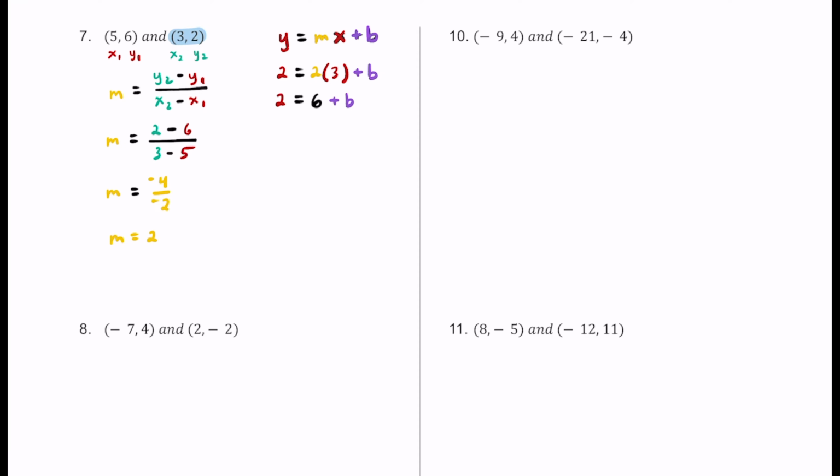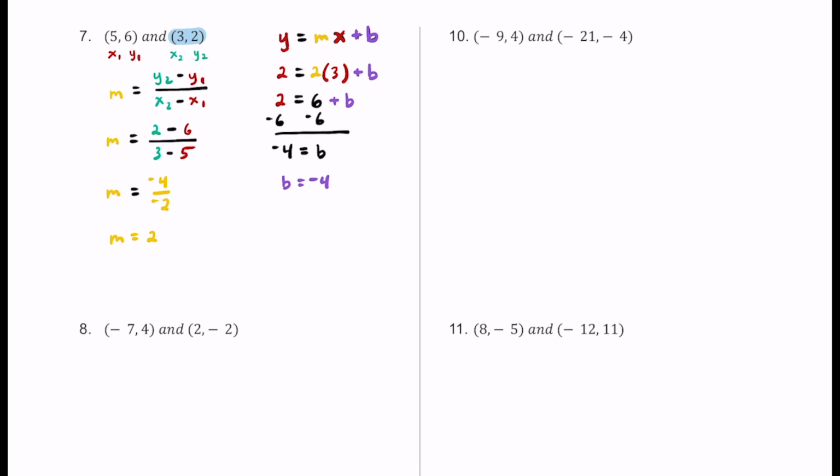To find out what b is, we have to get rid of the 6 on both sides, so subtract it. 2 minus 6 is going to be negative 4, and 6 minus 6 is 0, so we have negative 4 is equal to b. All right, so we can say that b is equal to negative 4.